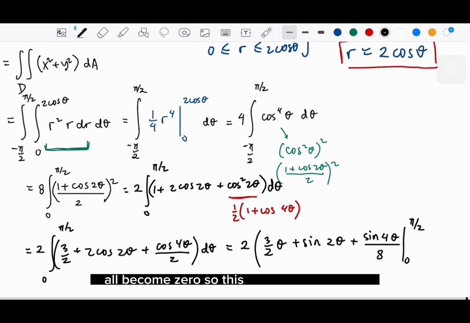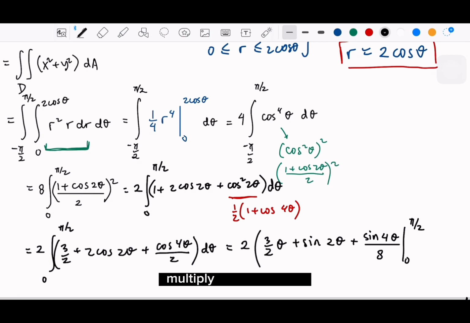All becomes 0. So this will be 3 over 2 multiplied by pi over 2, which is 3 over 4. So all becomes 0, right? So this will be the answer.